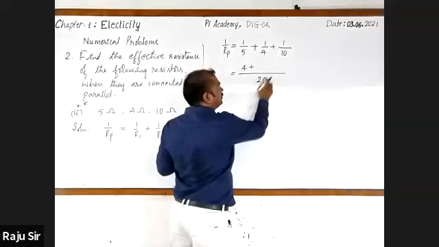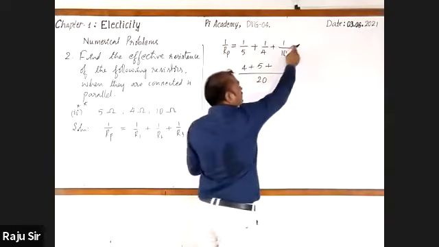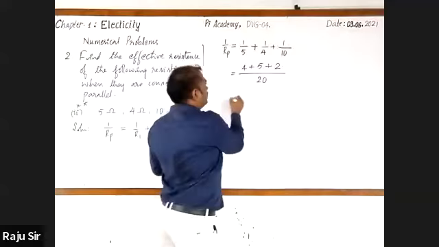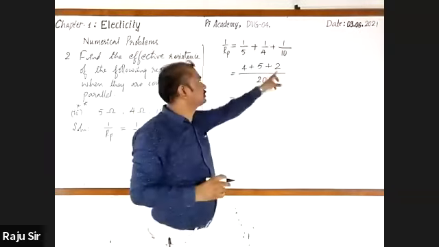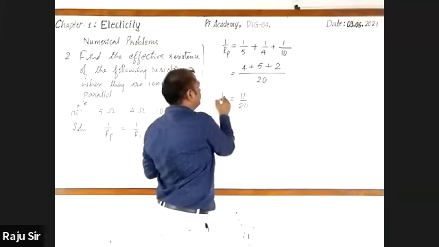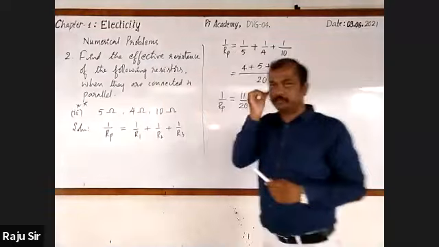When you multiply 20, 4 ones are 4, 5 are 5. Let's multiply LCM with the third. 2 ones are 2. Now, let's go for adding them. 4 plus 5 plus 2, it is 11. 11 by 20. 1 by Rp is equal to 11 by 20.